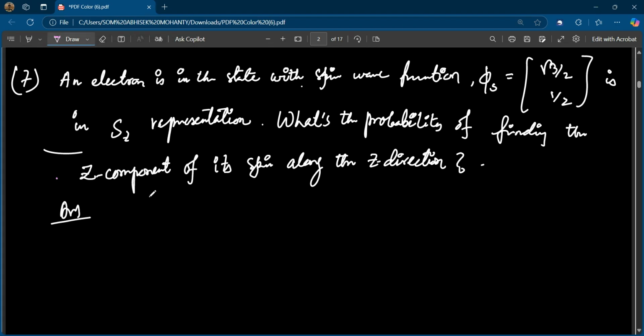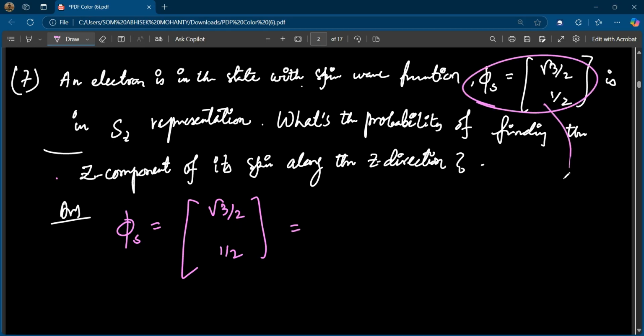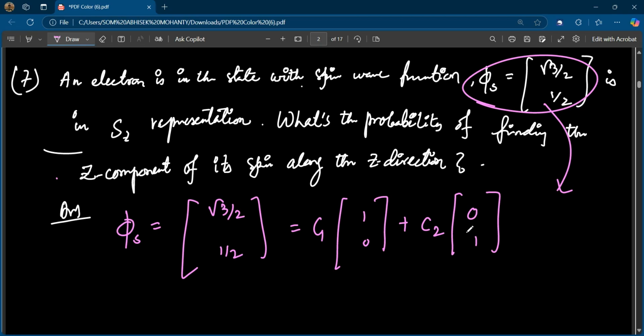So if I try this question, let's first write phi_s equal to (root 3 by 2, 1 by 2). Any wave function can be written as a linear combination of different eigenstates. So C1 (1, 0) plus C2 (0, 1), because this is a spin-half particle, an electron.